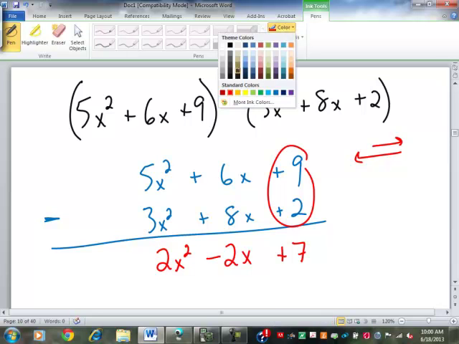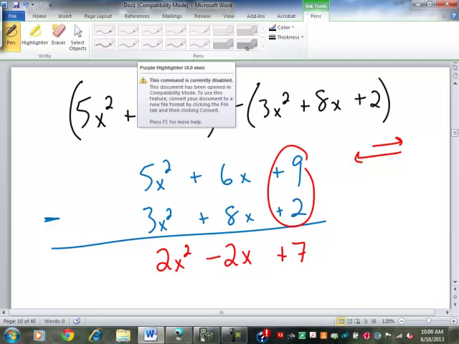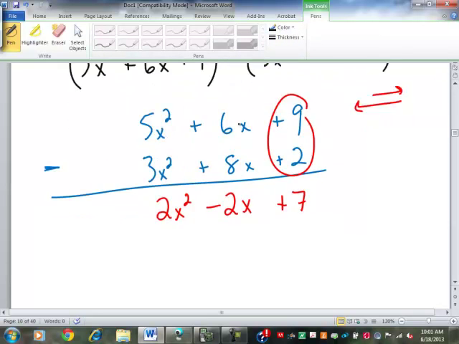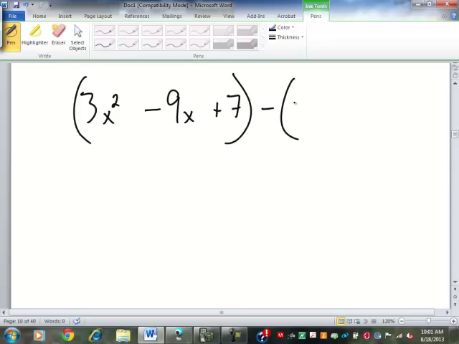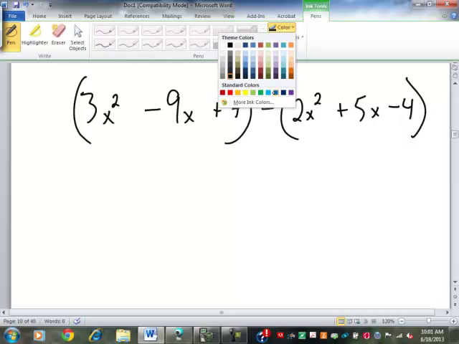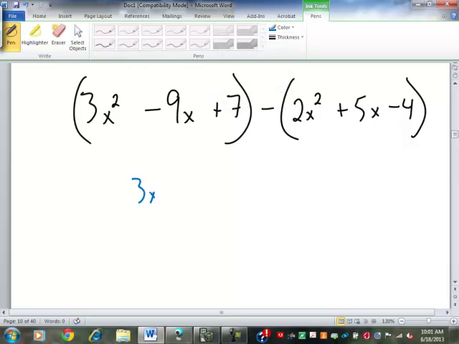Now, of course, it can get trickier because we can throw some negative digits in there. We could have 3x squared minus 9x plus 7 minus 2x squared plus 5x minus 4. So again, we write this out, lining up our columns.